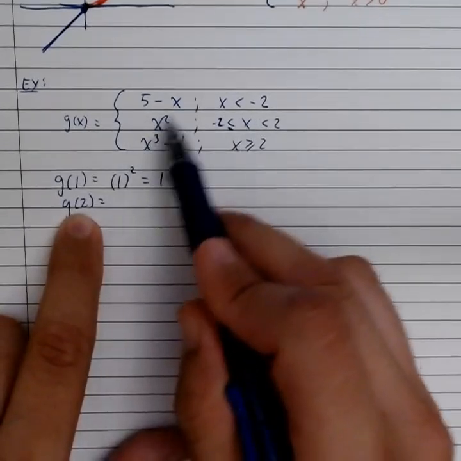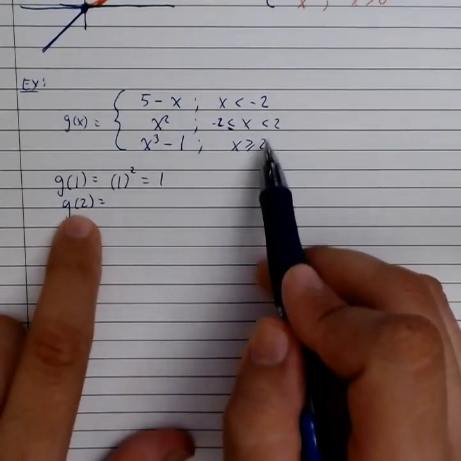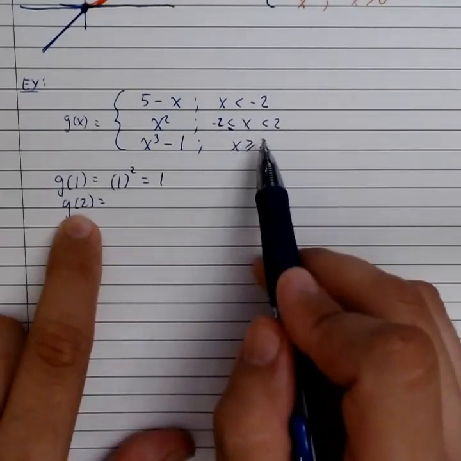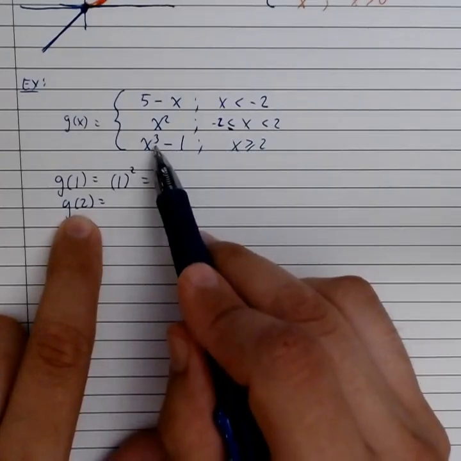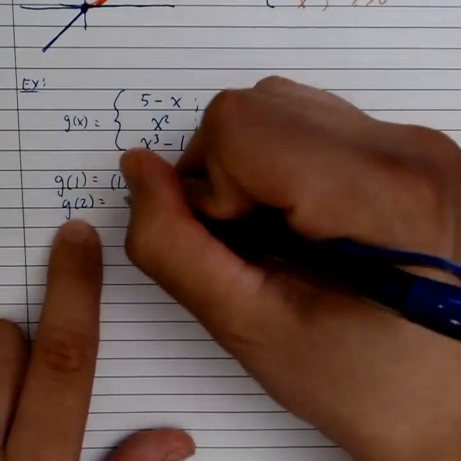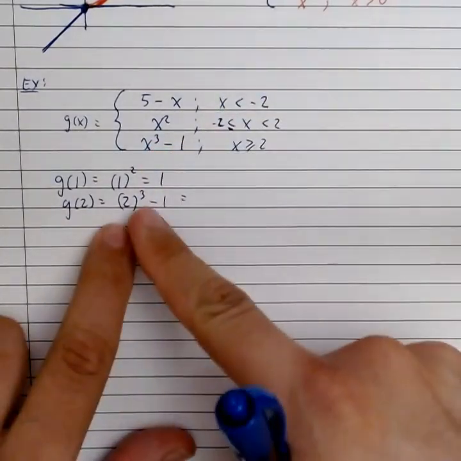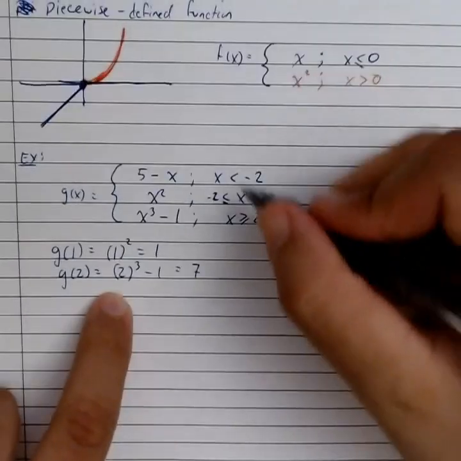So it doesn't belong here either. Notice, if x is equal to 2, that belongs in this interval. Anytime x is greater than or equal to 2, that belongs here, which means this is the one I'm plugging it into. So g of 2 is going to be 2 to the third minus 1, which is 8 minus 1, and that's 7.